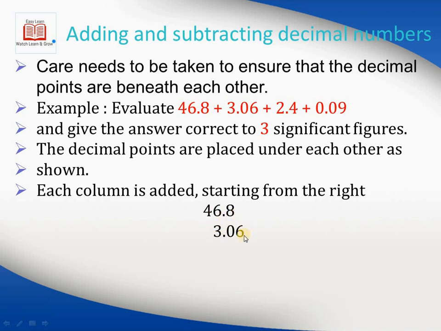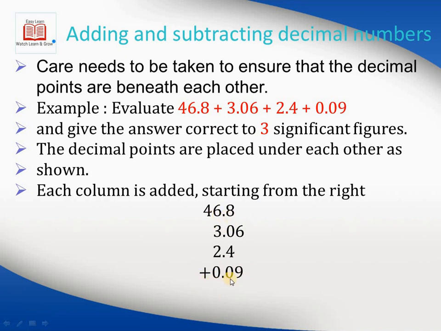When you add, write 3.06 with its dot under the dot of 46.8. You just have to match the dots, not the integer or fractional parts. Then 2.4, same. Next 0.09, maintain the same alignment, just like the others.